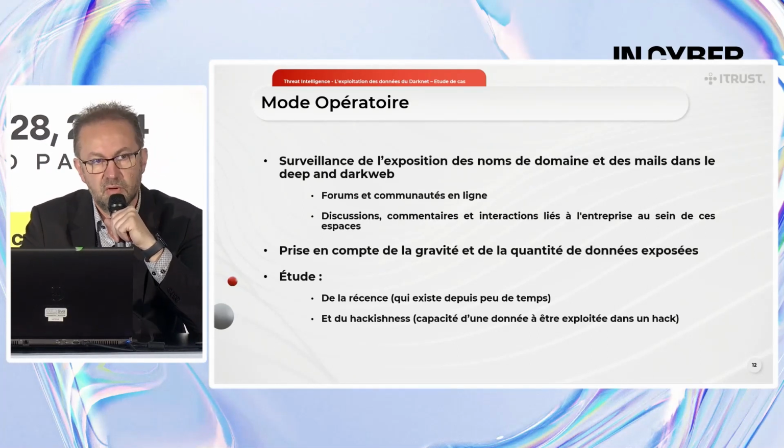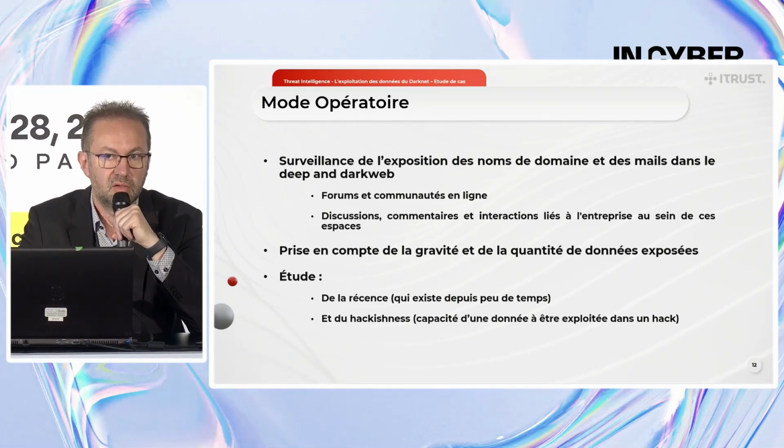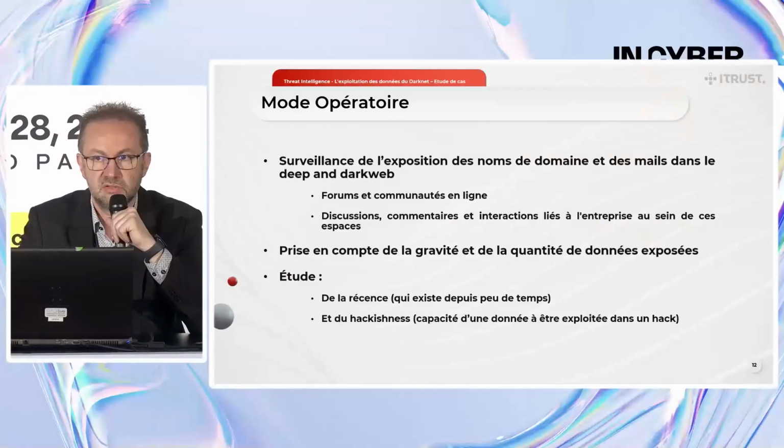We try to see how serious this is, because this is the main issue: the quantity and the seriousness. This is an indicator. We are going to see whether the information is very recent, and the hackishness, the capability of the data to be used by hackers.